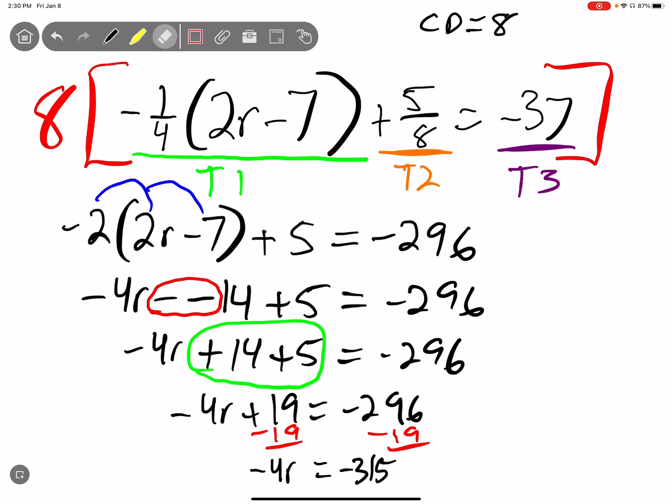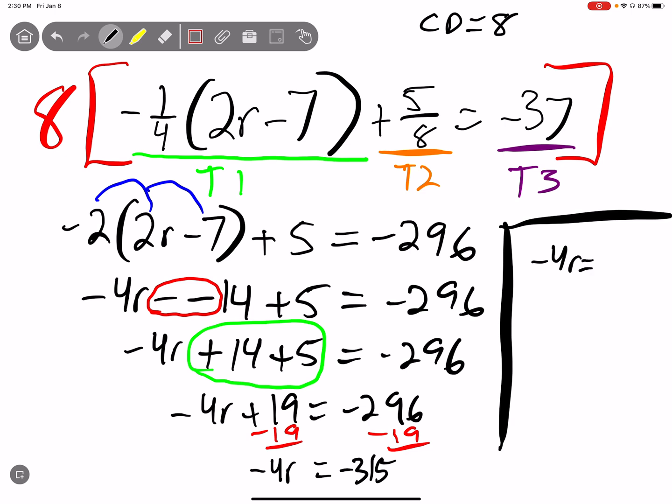And I'm going to divide both sides by negative 4. So let's do that right here. Since I ran out of room, negative 4r equals negative 315. Divide by negative 4. Remember, it says negative 4r, so I have to divide by a negative 4. Let's do that in a different color.